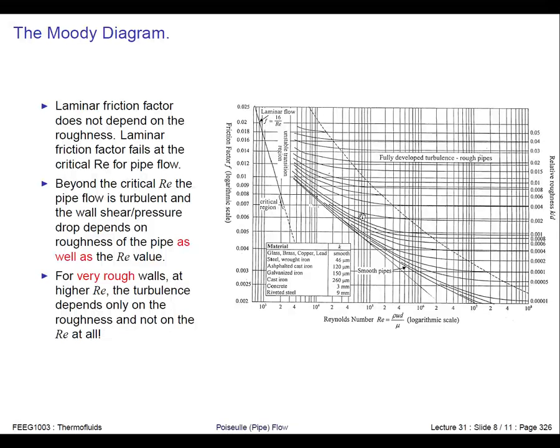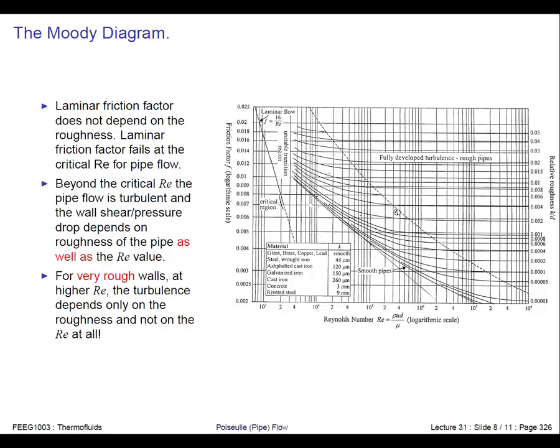Then we have a zone between the smooth zone and this dotted line where the pipe Reynolds number and the roughness both have an effect on the pressure drop or the wall shear stress. Let's say we choose a roughness of 0.04 and we're in this mixed regime.